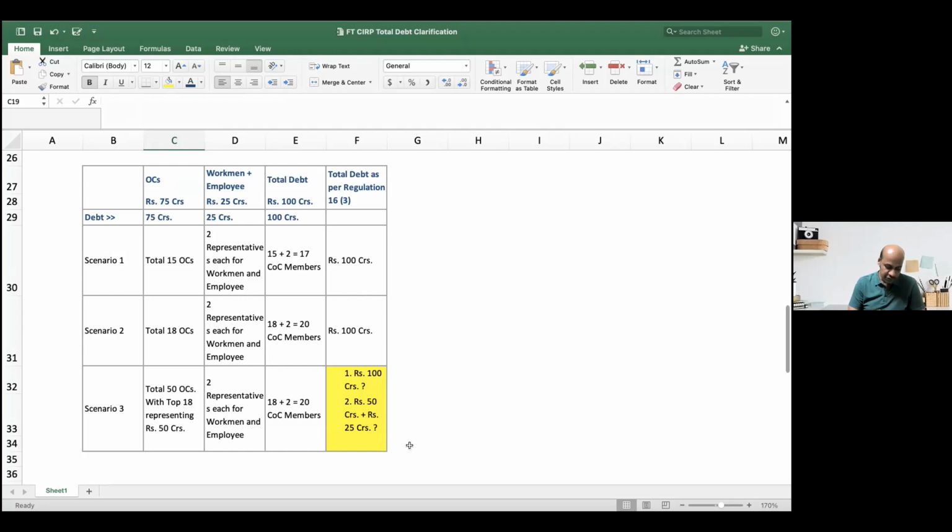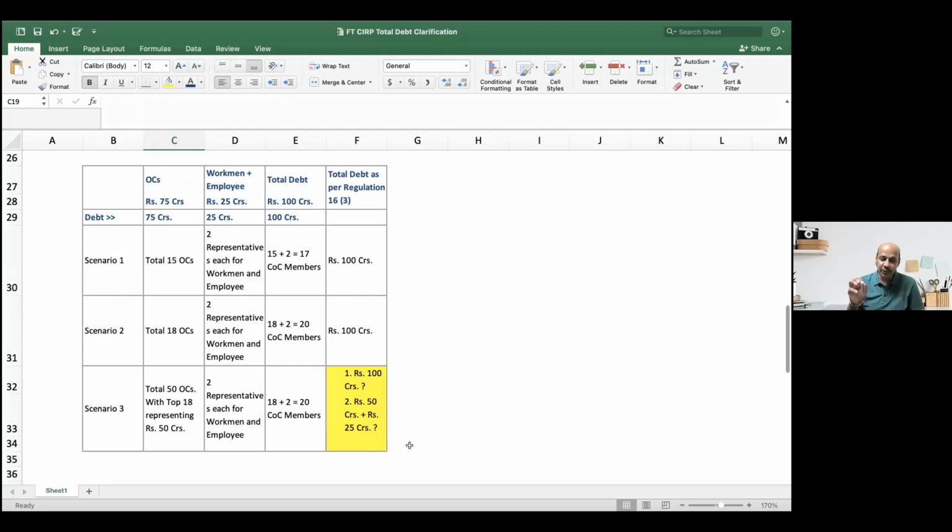Based on records of the corporate debtor and claims, if the IRP is of the opinion that the fast track process is not applicable to the corporate debtor as per notification under section 52 subsection 2, he shall file an application to the adjudicating authority along with the report in subregulation 1 to pass an order converting the fast track CIRP to a normal CIRP.